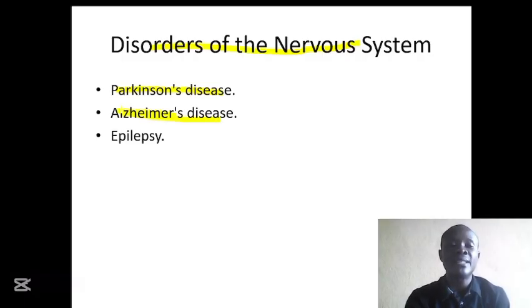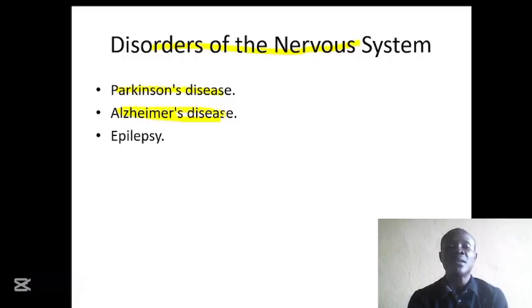Next we have Alzheimer's disease. It is characterized by memory loss due to damage to the brain cells. In this case, the person will experience progressive memory loss and confusion due to damage that will be caused to the brain cells. And we have epilepsy.